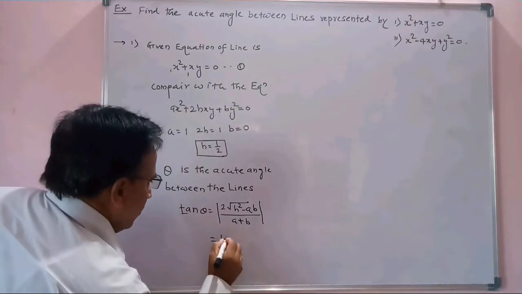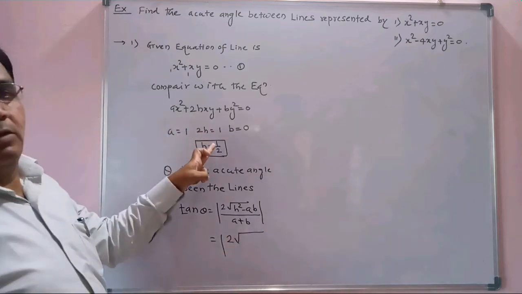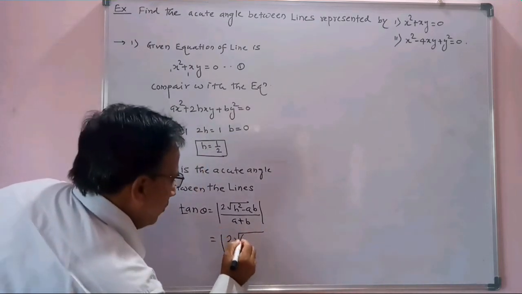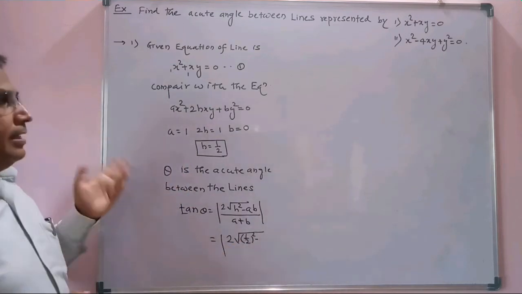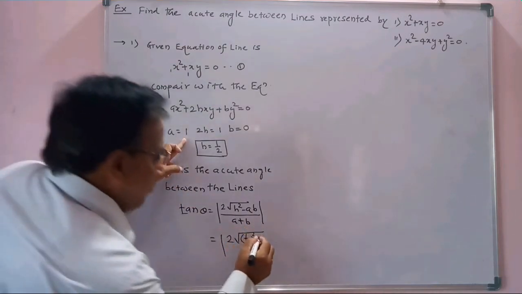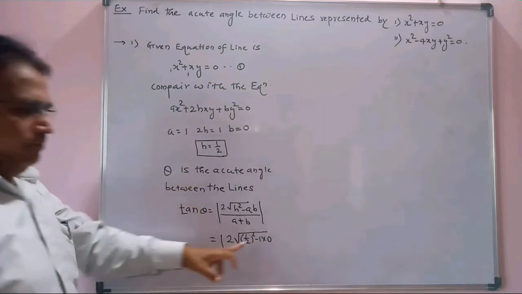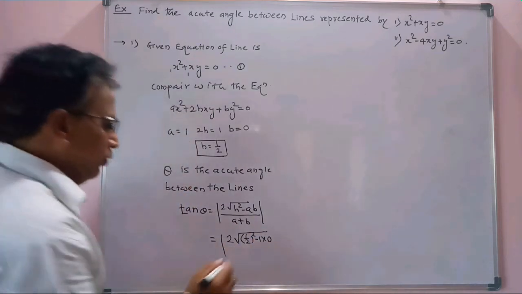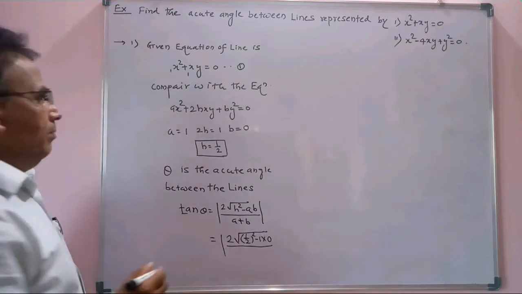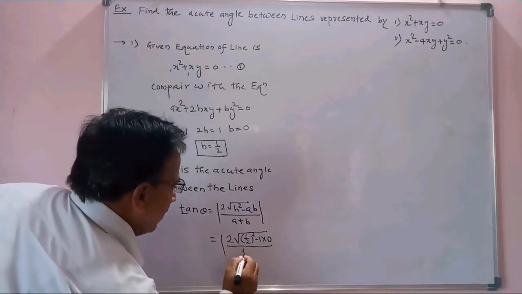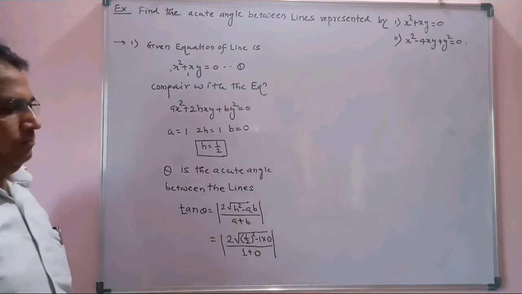Therefore, 2 into root, the value of h is 1 by 2, so h square means (1 by 2) square, minus a into b. The value of a is 1 and the value of b is 0, so minus 1 into 0, divided by a plus b, which is 1 plus 0.